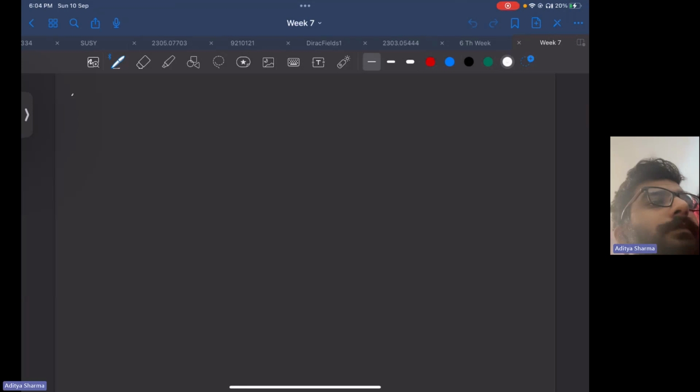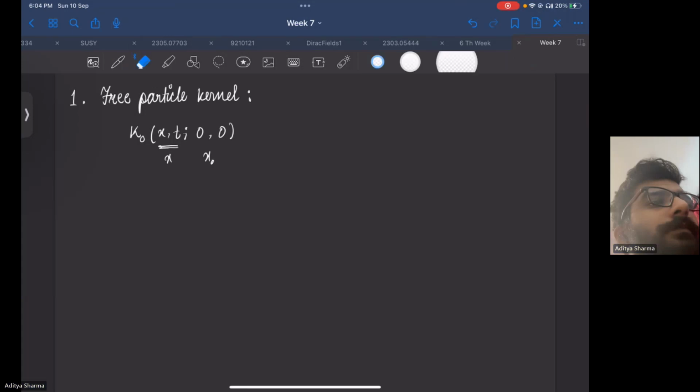So we have been given that the free particle Green's function, or the free particle kernel that we calculated last time, is given as, at some time and position x_b, and this is the time and position x, this is x initial, which we have taken time and position to be 0.